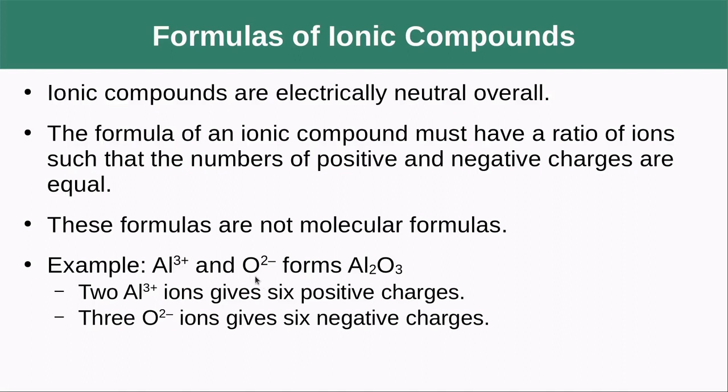Similarly, if we just took 2 oxygens and put them over here, well, then I would have +3 and a -4. It would have a negative charge. So what we need to do is find the least common multiple between these two. So we're going to have 2 aluminums for a +6 charge here, and we're going to have 3 oxygens for a -6 charge here to ultimately yield our neutral aluminum oxide.